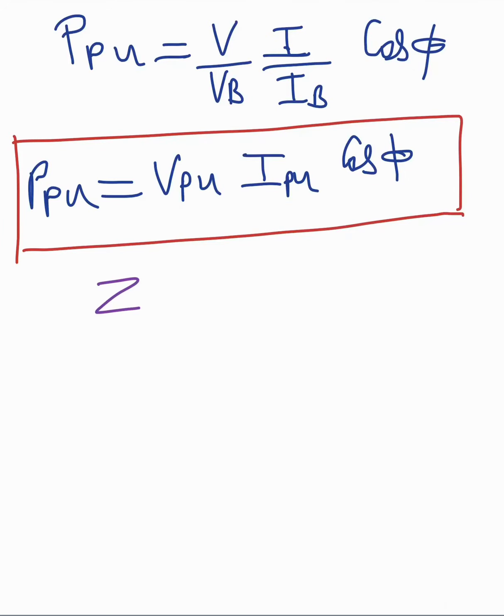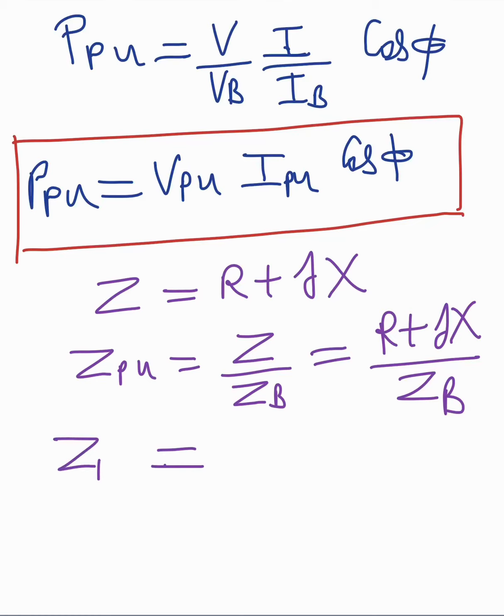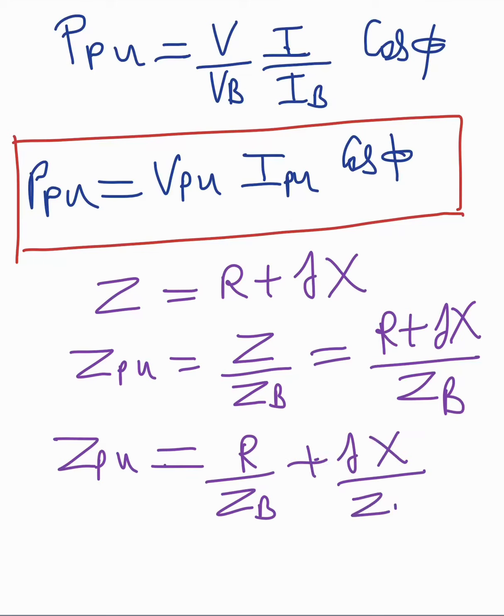Next is Z is equal to R plus JX, we know that. So Z per unit is equal to actual value upon base value. So we can write like this, Z upon ZB, and here Z value is R plus JX. So we can write R plus JX upon ZB. So Z per unit is equal to R upon ZB plus JX upon ZB.